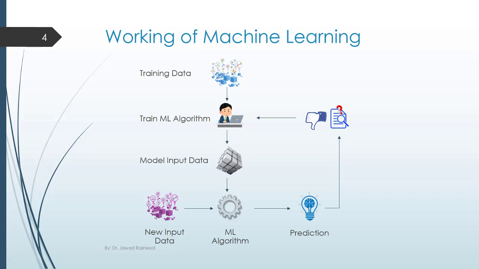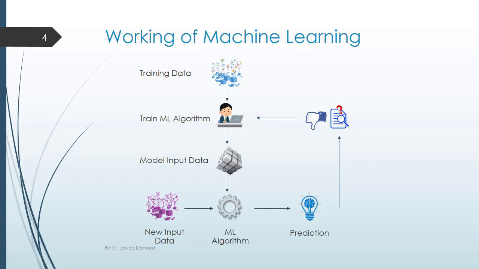Let's see in general how machine learning works. One of the approaches is where the machine learning algorithm is trained using a labeled or unlabeled data set to produce a model. So there are two types of data sets. One is the labeled one and one is the unlabeled one. What does labeled one mean?